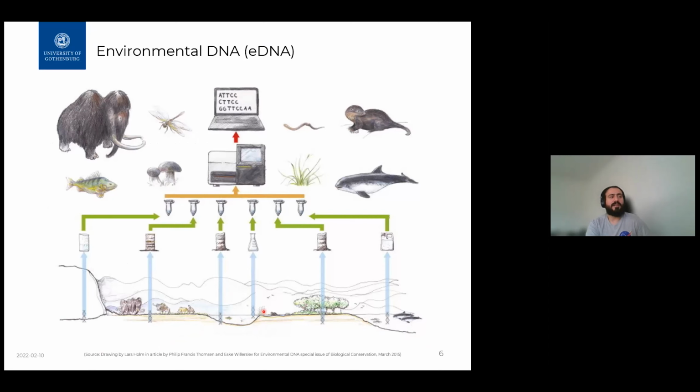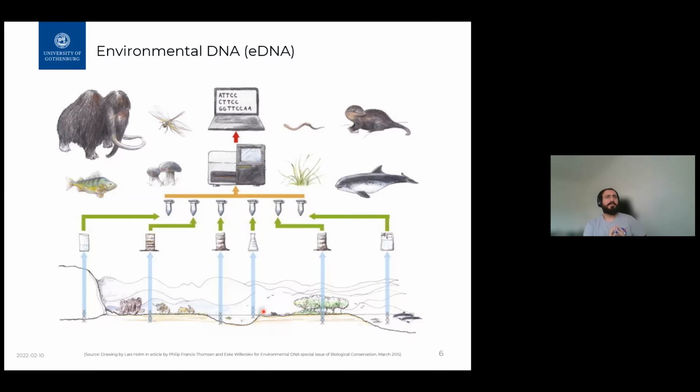So literally, you could extract environmental DNA from any environmental matrix that you're interested in. But what is important to recognize is that environmental DNA goes beyond different groups of organisms. So you can extract DNA from microorganisms, passing by invertebrates to big mammals.